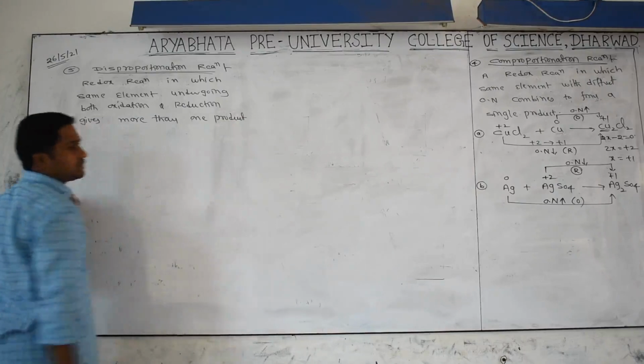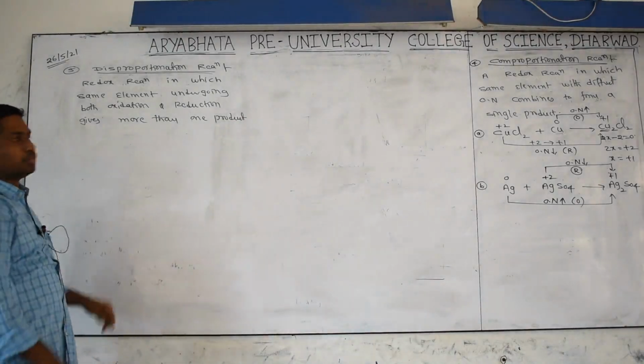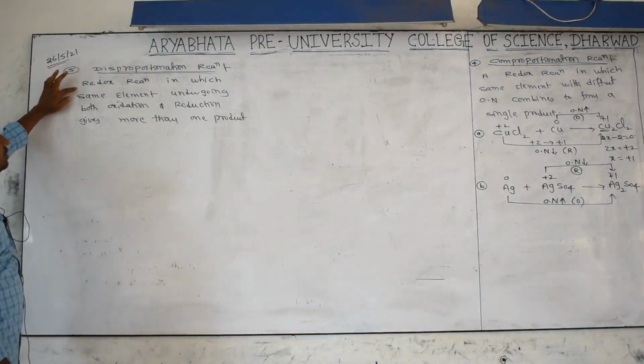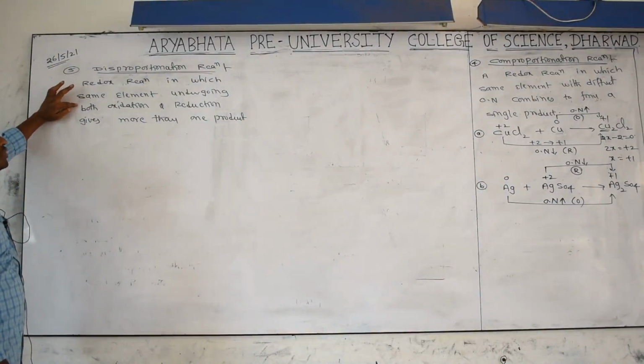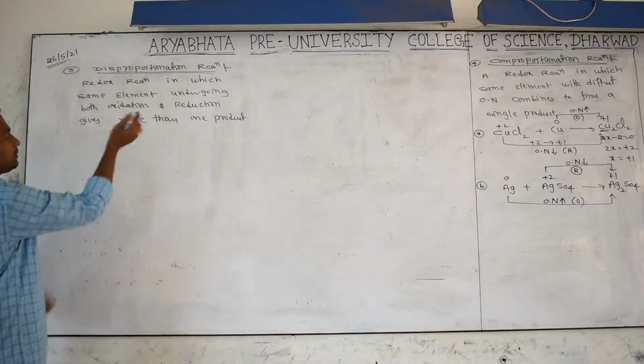Yes, two chemicals combined together giving a single product is called comproportionation. This is the opposite of that. A redox reaction in which the same element undergoes both oxidation and reduction, giving more than one type of product, is called disproportionation.